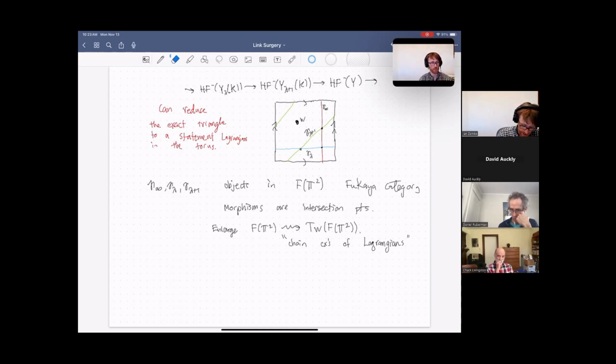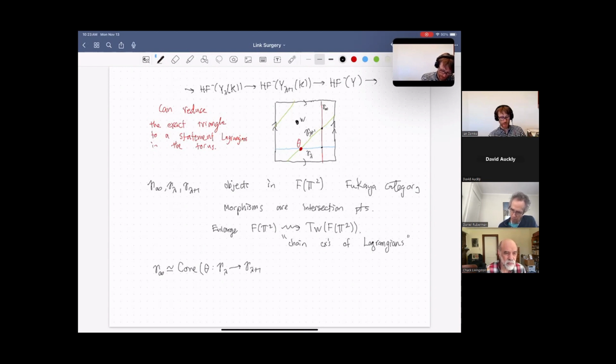And the exact triangle has a very nice statement in the category of twisted complexes, which is that gamma infinity is homotopic to the mapping cone of the unique morphism, which I'll label theta, from gamma lambda to gamma lambda plus 1.